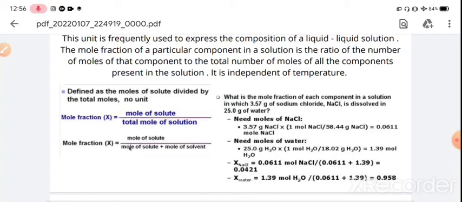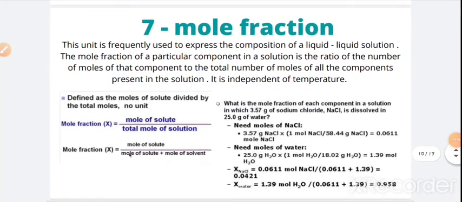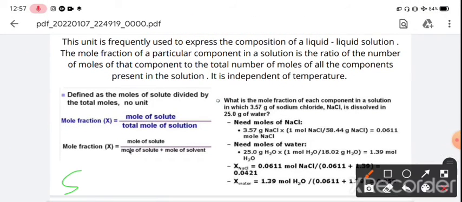So NaCl will be the solute. The mole fraction of any given solution is always 1. Okay, you just have to remember that. If you calculate it for the solution, it will always come to 1. You have to add the mole fraction of the solvent and the mole fraction of the solute, and you will get 1.